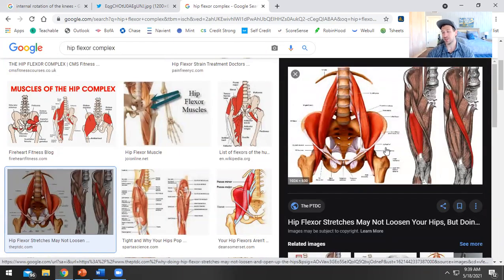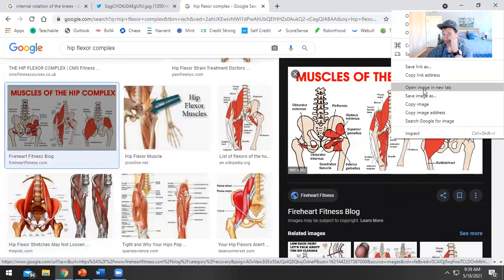So your hip flexor complex are these muscles right here called your psoas, and these muscles on the inside of your pelvis called your iliacus. That all comes together to make up your iliopsoas, which you can see runs all the way down and grabs the femur here. It's also going to be your sartorius here, and your rectus femoris is a really big one. Those are all part of the hip flexor complex, but there's another one that's not being shown here, which is right over here in the center.